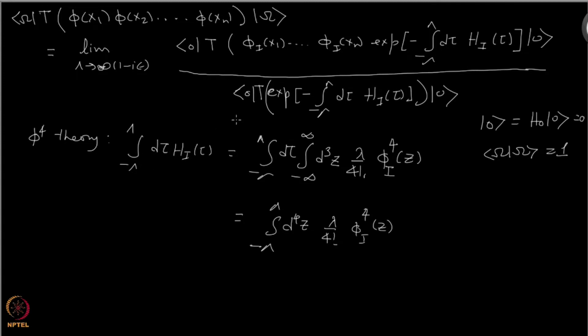So let me look at the numerator part here and the denominator part separately. So the denominator is easy, it's almost the same thing as the numerator, except for the fact that phi I is with external points x1, x2, these are absent there, but it's the same thing. So let's start looking at the numerator.